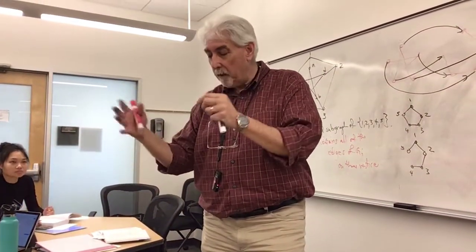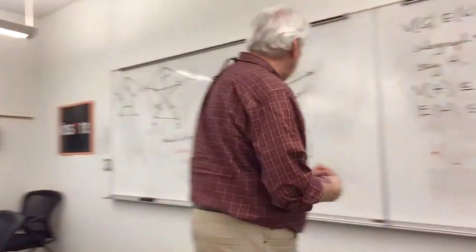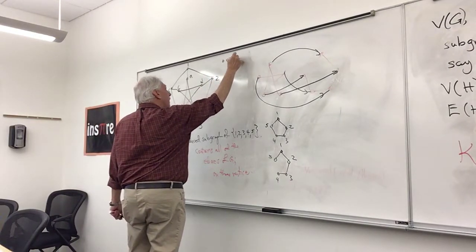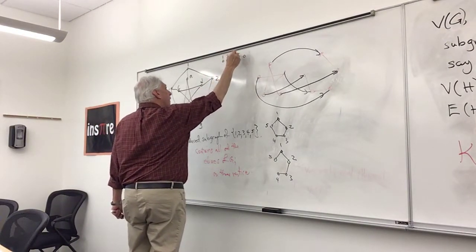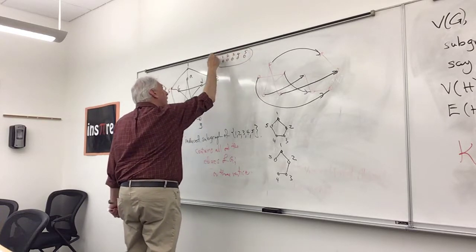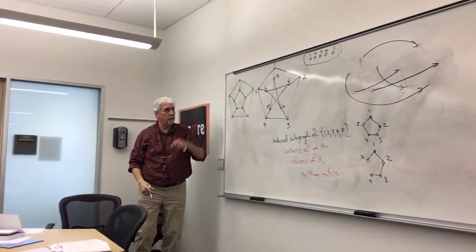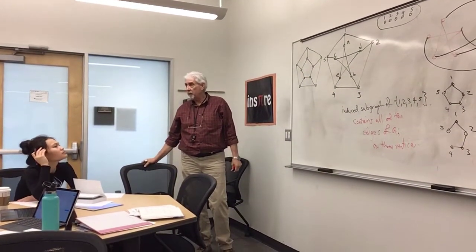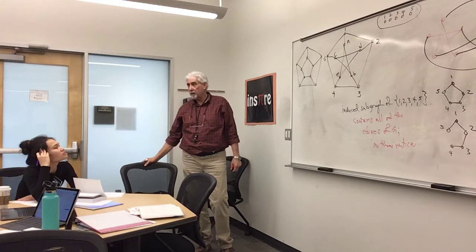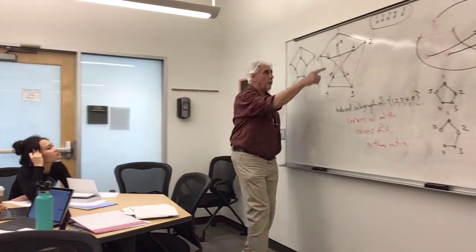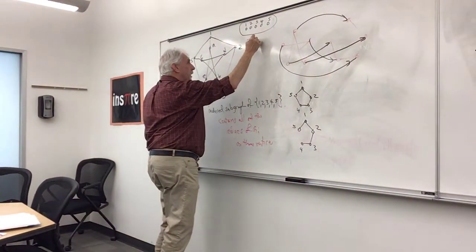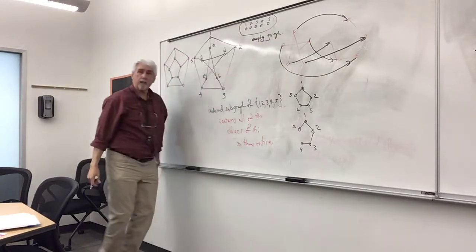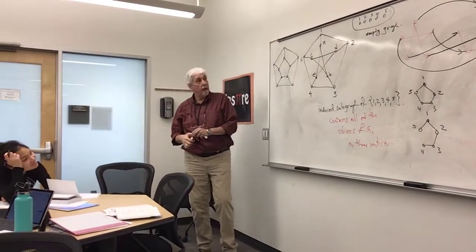And I'm going to put this out there because it's going to come up at some point. There is a subgraph of this Petersen graph. It is a subgraph, but it's not an induced subgraph. In fact, when we have no edges, we call this the empty graph. It has no edges, but it is a subgraph.